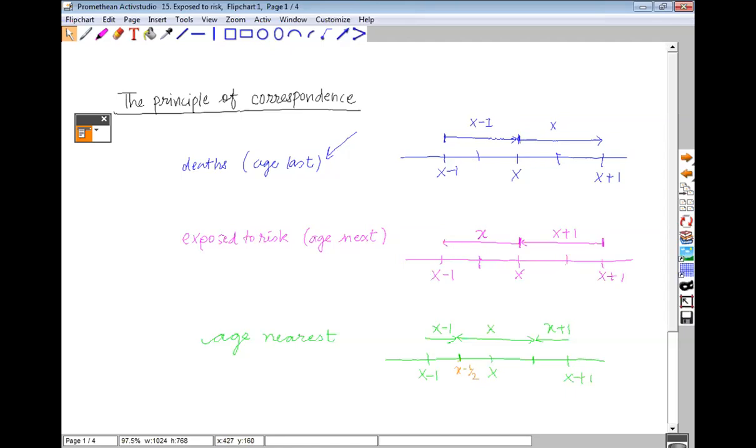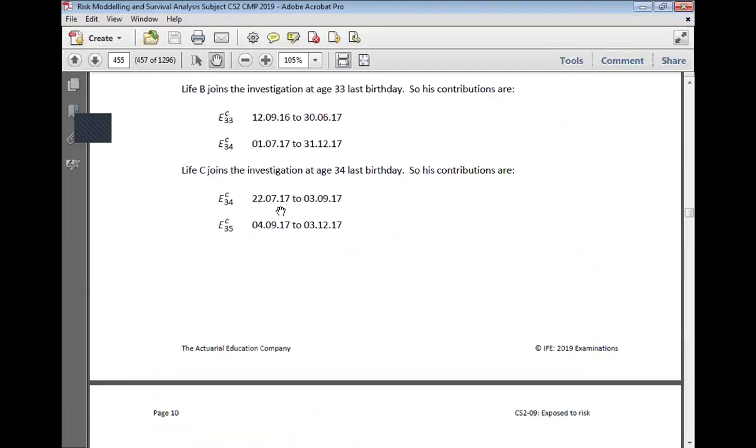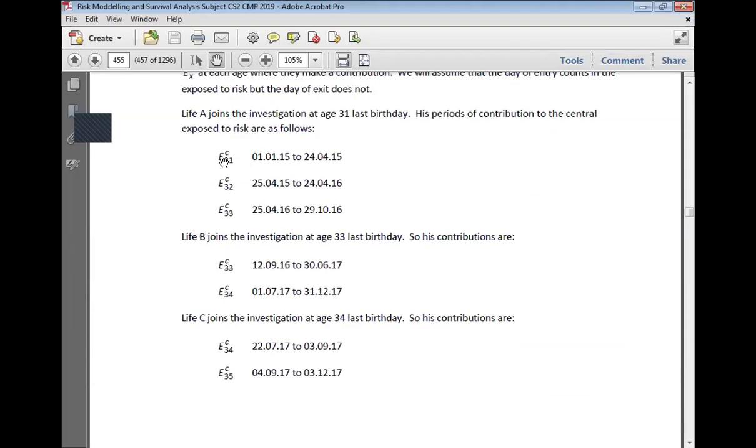So the very first thing that we can do, which I feel is easier, is to just convert these numbers. If we remember that age last X minus 1 is equivalent to X for age next, then if this is 31 for age last, for this particular time interval this person is going to be 32 years old using the age next definition.